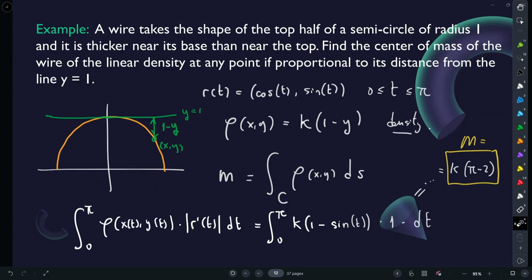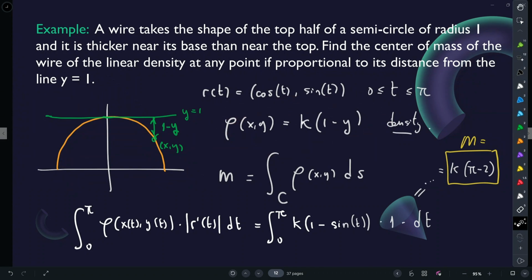So is that the density of the curve, not the line, right? That is the density at any point on the wire. And the wire is the orange or the green? The orange.